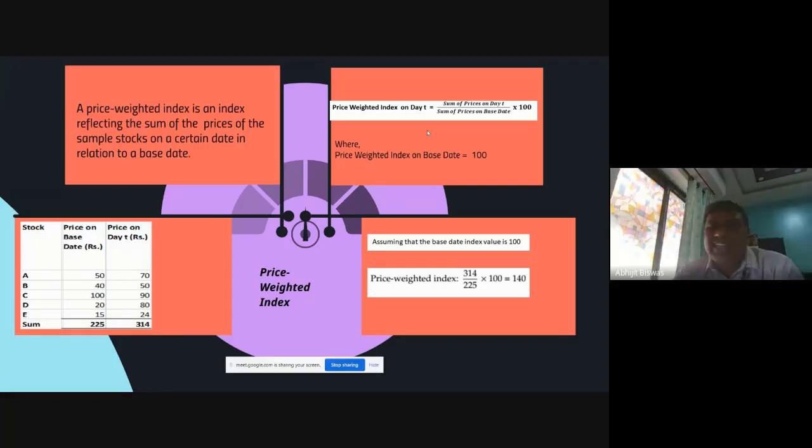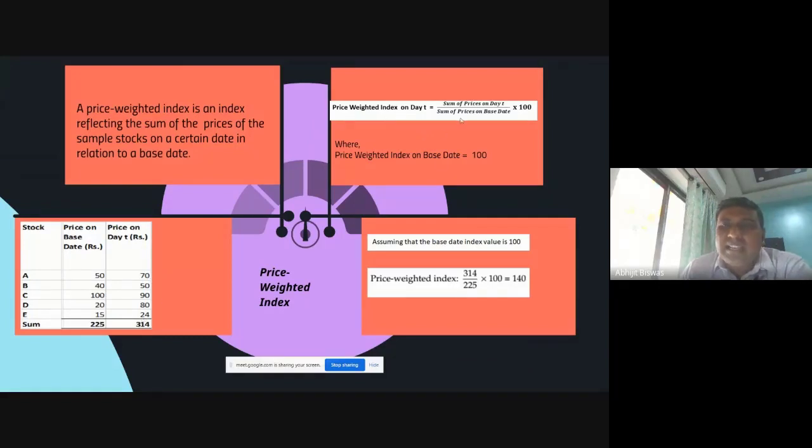And price on day T, it could be any day. Base date is the starting point. It has to be a date after the base date, right? So price on day T, for A, say it is 70, for B it is 50, for C it is 90, for D it is 80, and for E it is 24. So what basically you have to do, you have to add all these prices.